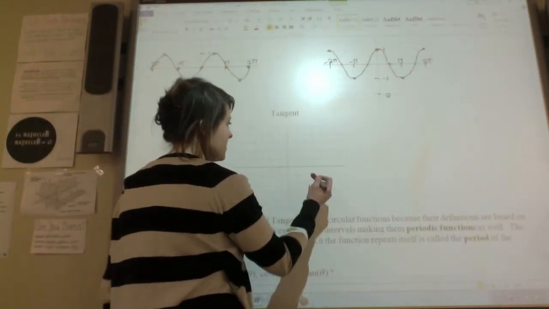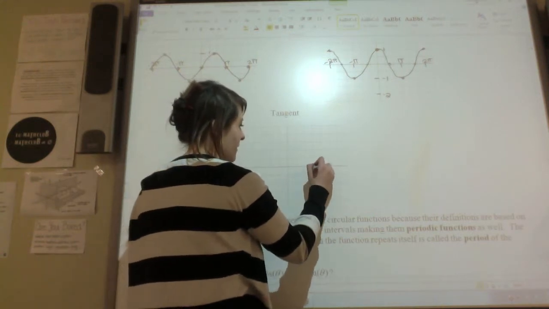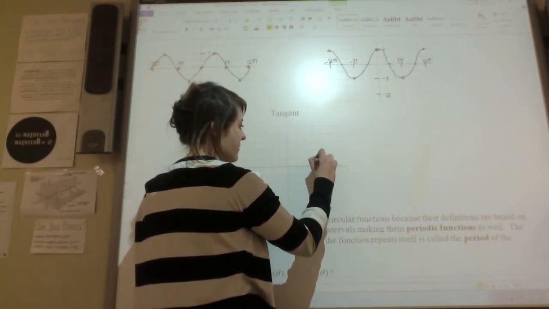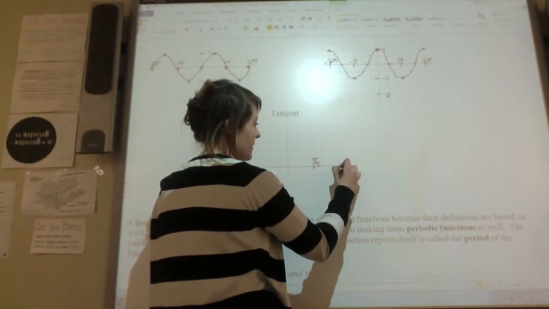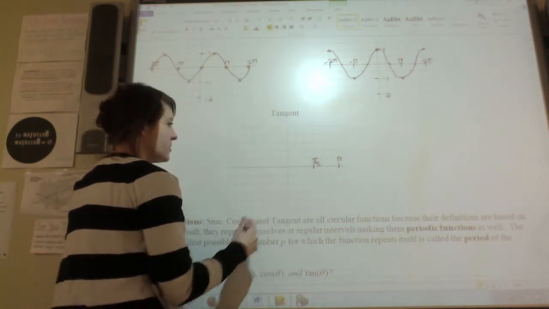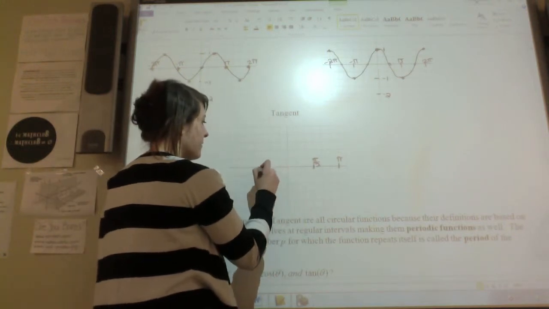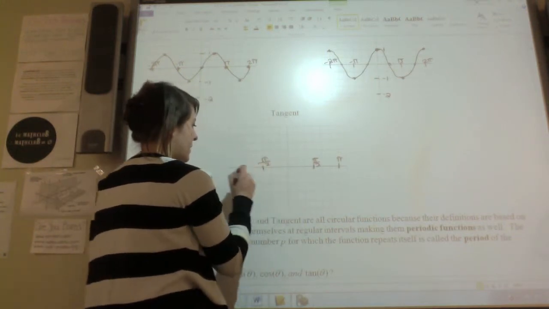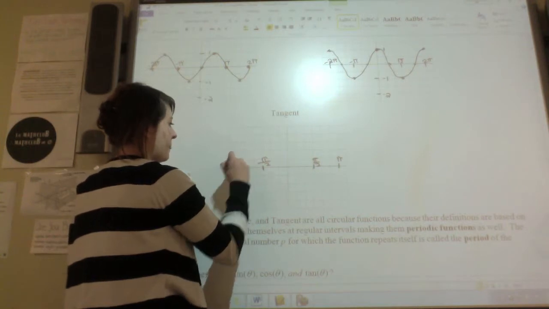I'm going to call this pi over 2, and I'm going to call this pi, just because I don't want to have too much going on here. And then I'm going to go from negative pi over 2 and negative pi right here.